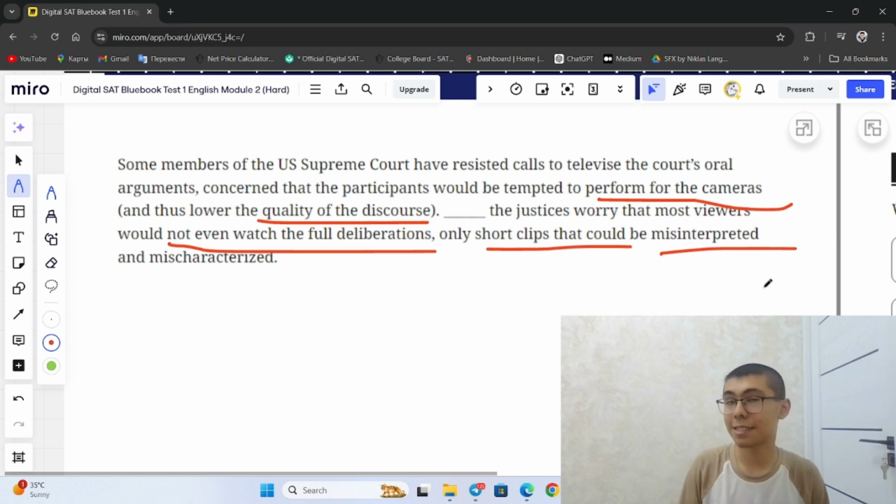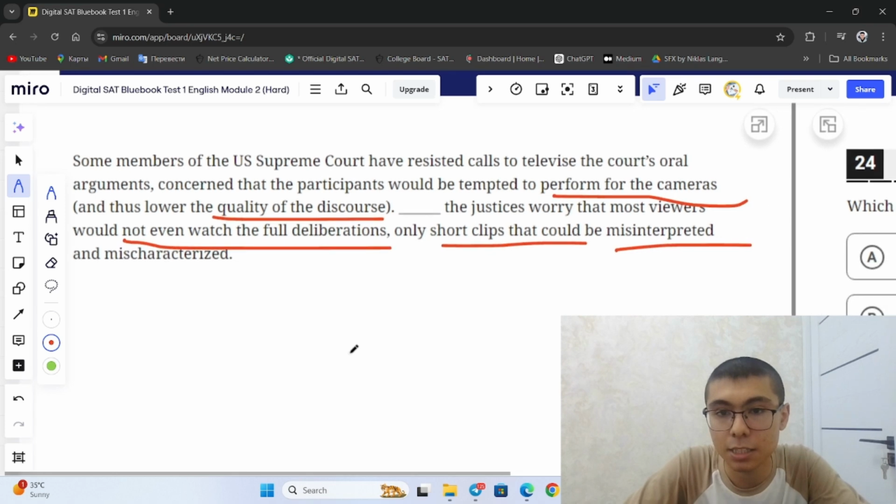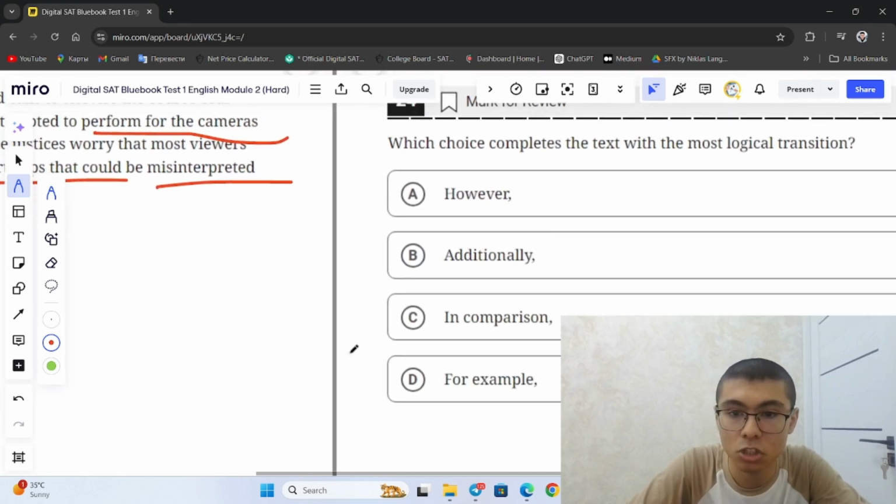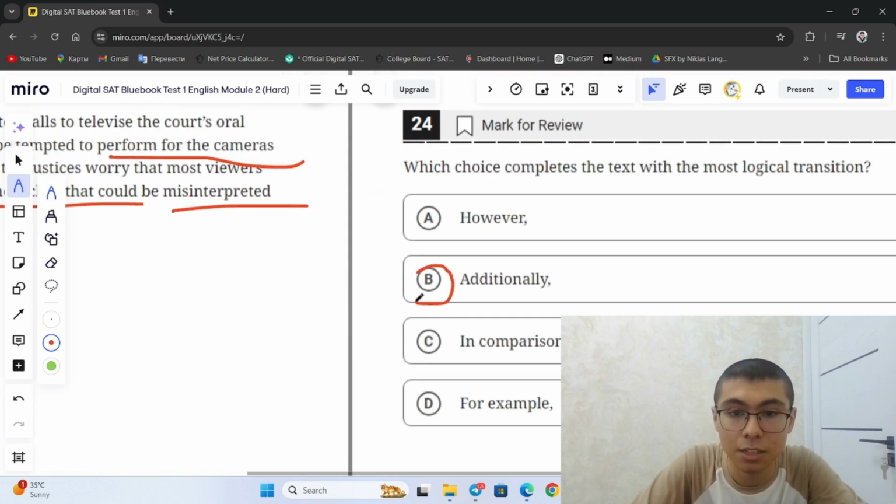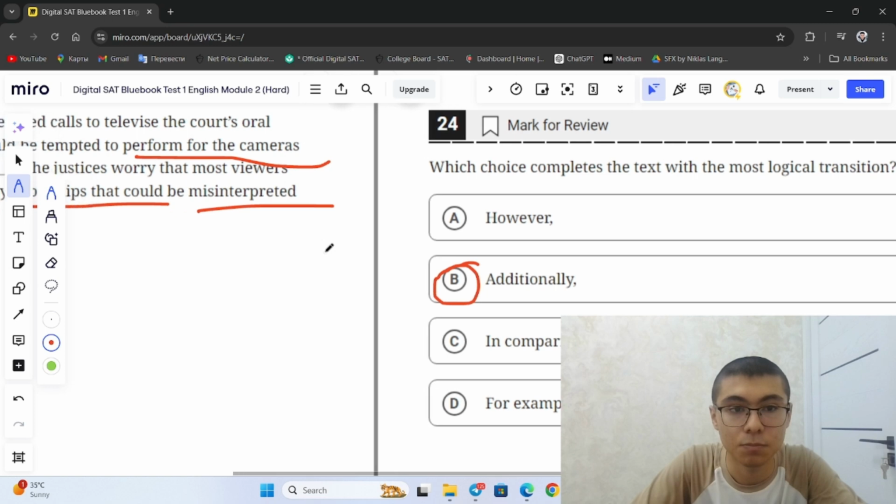So firstly, it's saying a claim, and then it's telling another claim. So a word that I'm looking for is sort of an addition. It might be in addition, or additionally, or moreover. Let's have a look at the choices. However, in addition, in comparison, for example. So here we have additionally.